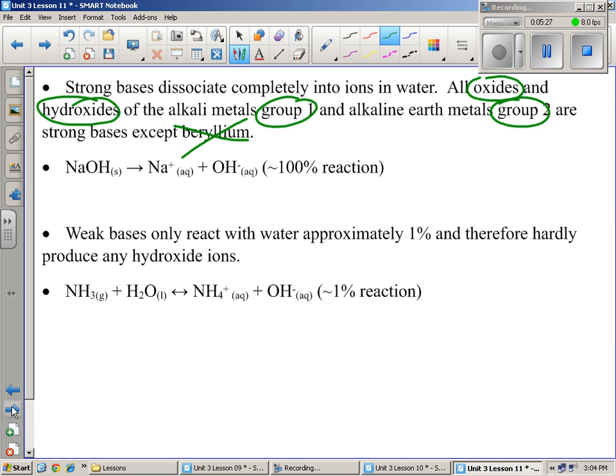Beryllium's the exception. I'll give you some examples. Sodium, group 1, oxide, is a strong base. Sodium hydroxide is a strong base.